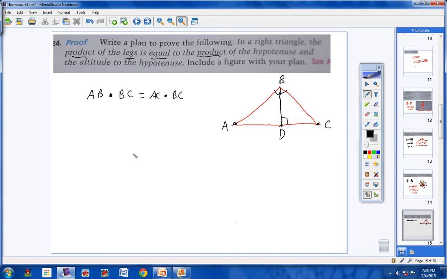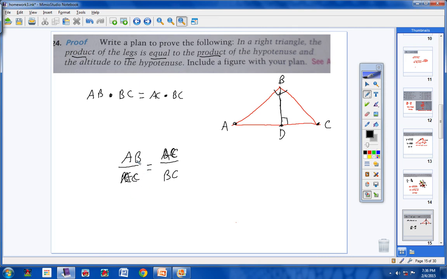If I could somehow get AB here, and a BC down here, and an AC here, and a BC here. Look, if you cross, and of course, I could say AC here and BC here for that matter. The BC could be here, and the AC could be here. It doesn't matter. But if I get something like this, if I could prove this, then I could cross multiply, right?